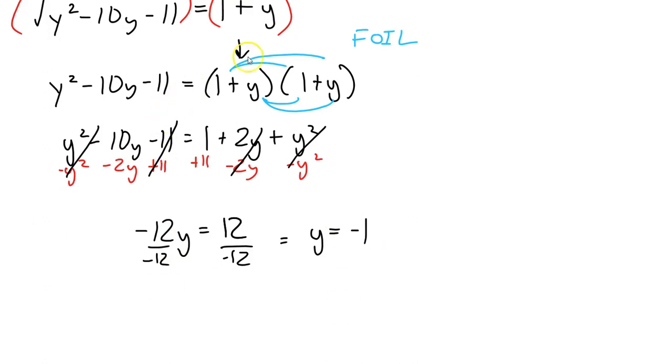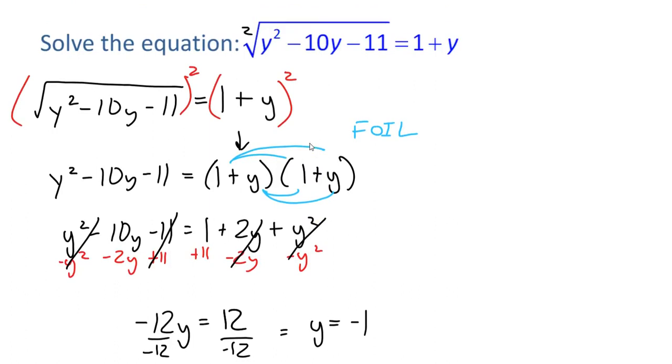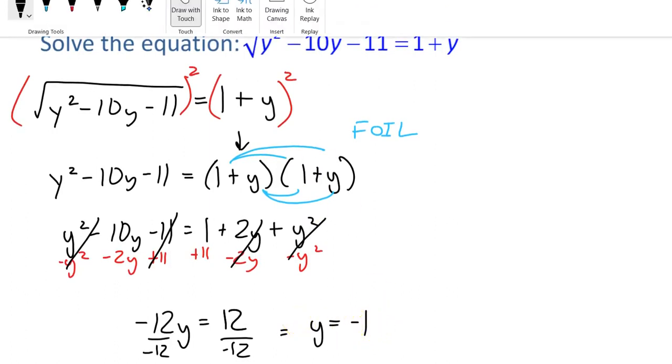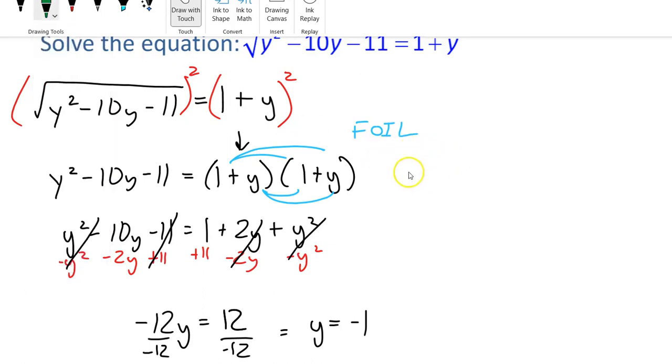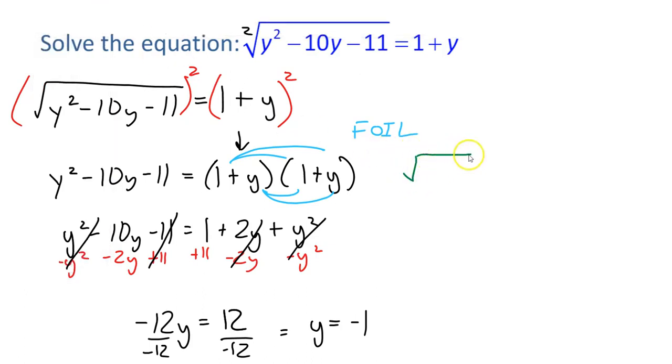So let's come back up and look at our original equation. We're going to plug negative 1 back into the original. So we have the square root of negative 1 squared minus 10 times negative 1 minus 11, equals 1 plus a negative 1.